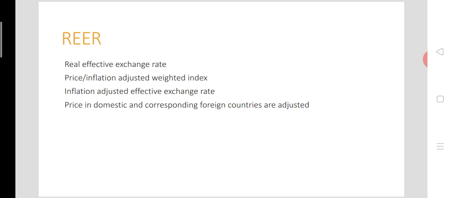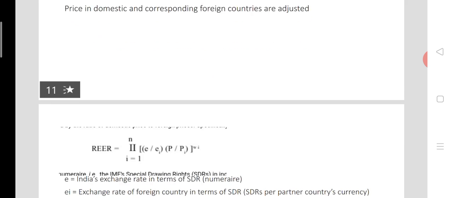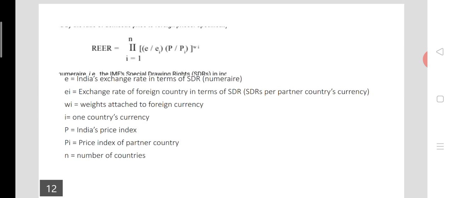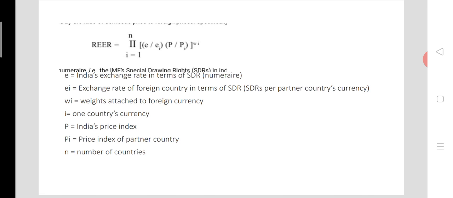The prices will be taken into account in both the domestic economy and the foreign economy, and here is the equation or formula by which REER is calculated. REER is equal to the product, for i equal to 1 to n, of E by Ei into P by Pi, all raised to Wi.